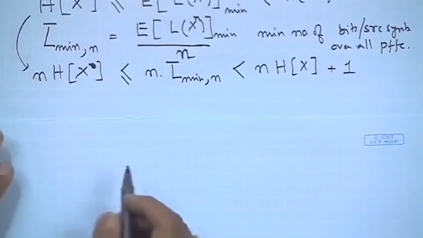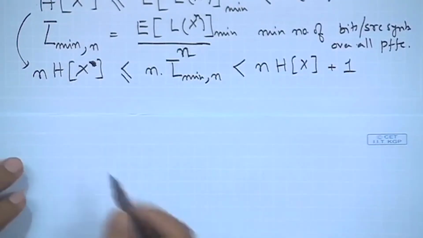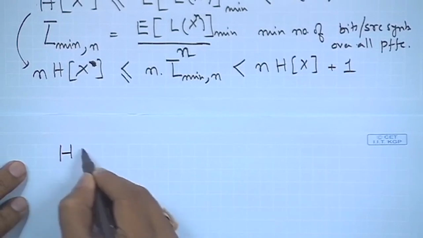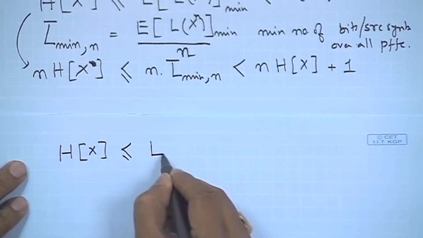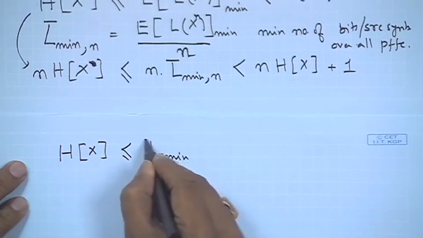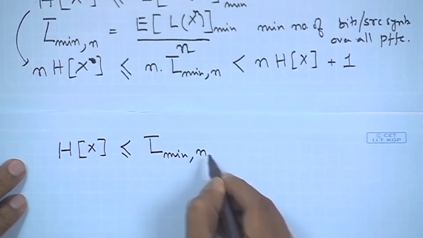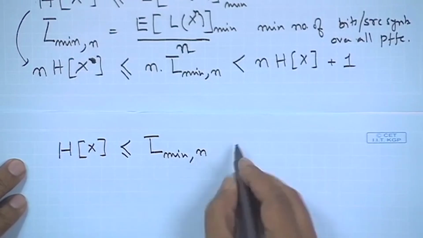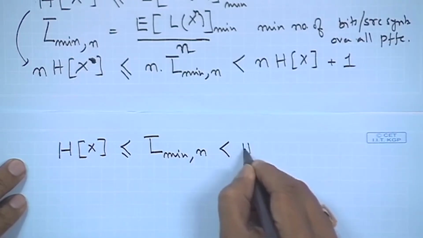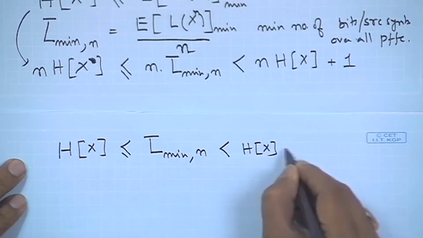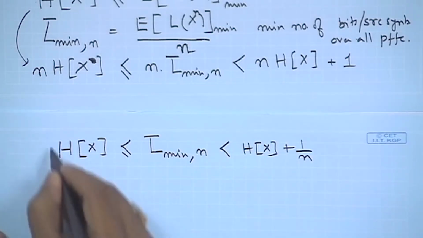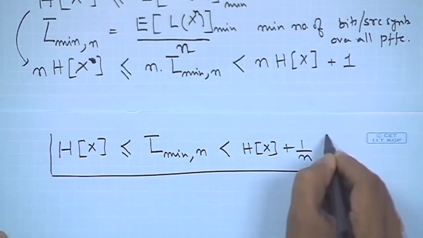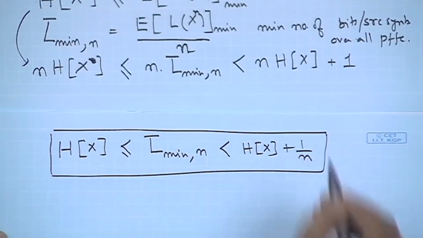If we divide by n all over, we get H(X) is less than or equal to L bar min, when taken in a group of n tuples, is less than or equal to H(X) plus 1 upon n. This is a very, very important result we have arrived at.